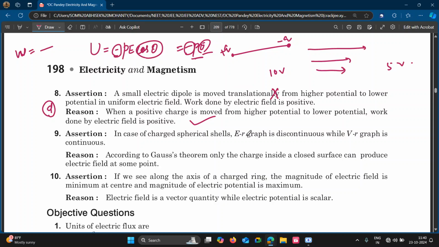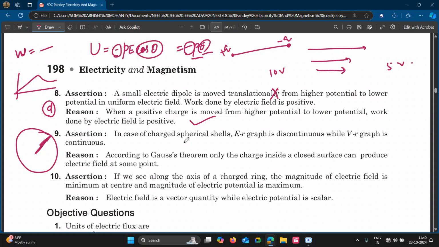E-R graph is discontinuous for a charged spherical shell. Inside part, it will be directly proportional, and outside it will be like this, right? So if you see, there is a break here.